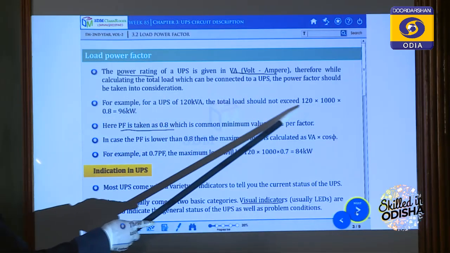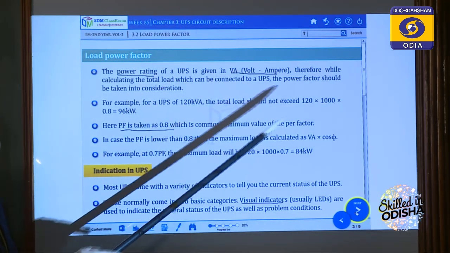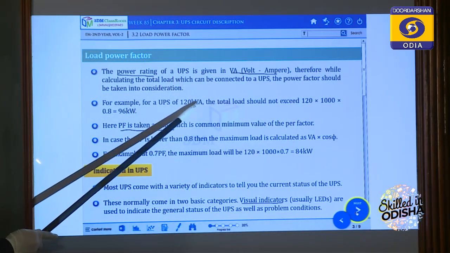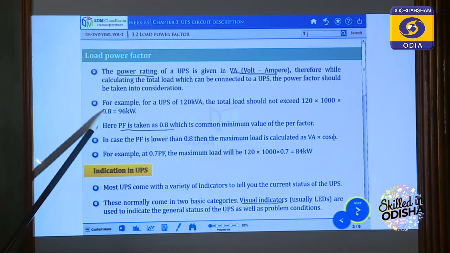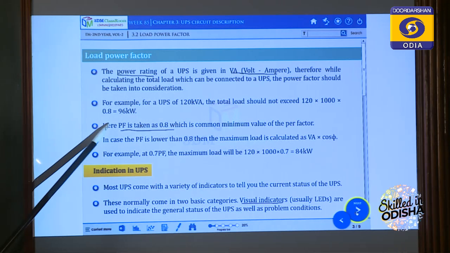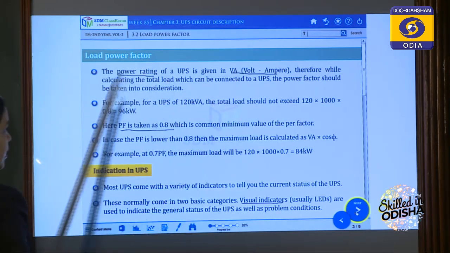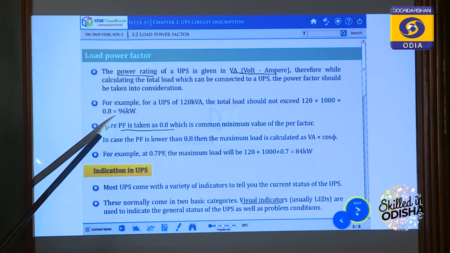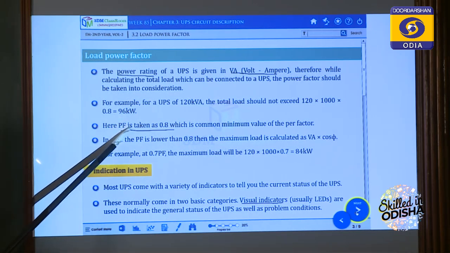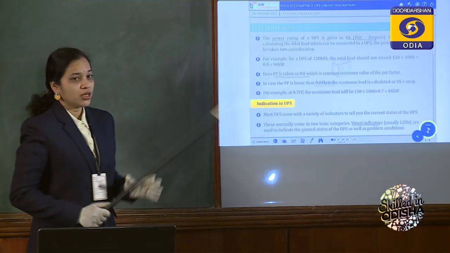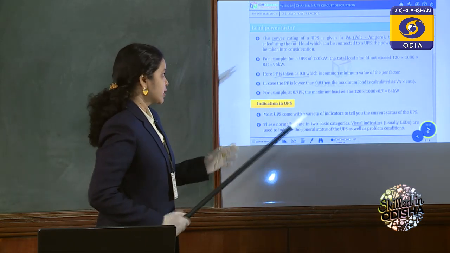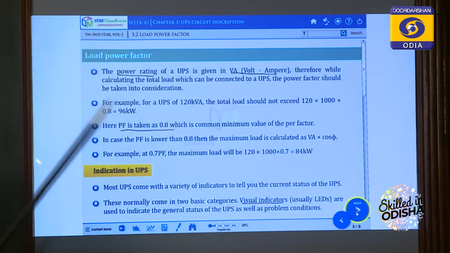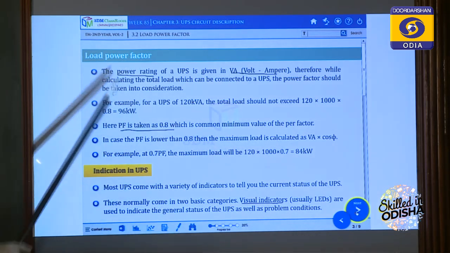So 120 into 1K, meaning 1000, and VA power factor is 0.8. This is a constant, 0.8. When we calculate this sum, we get 96 kilowatt. So from this calculation we came to know that we can connect 96 kilowatt of load to a UPS.